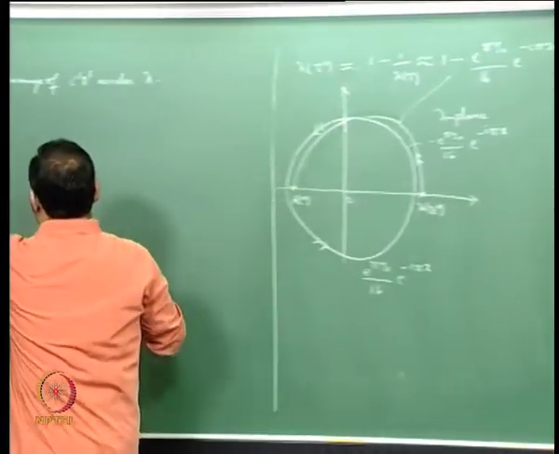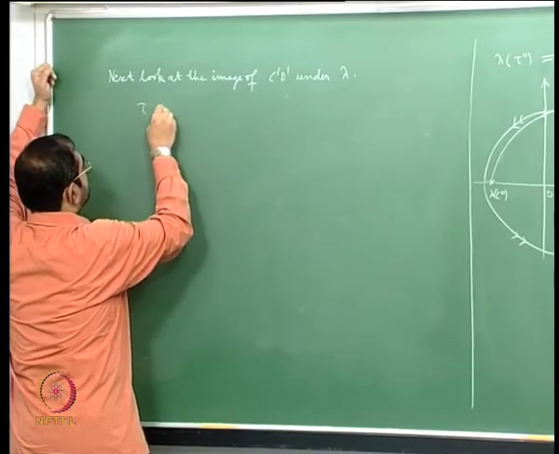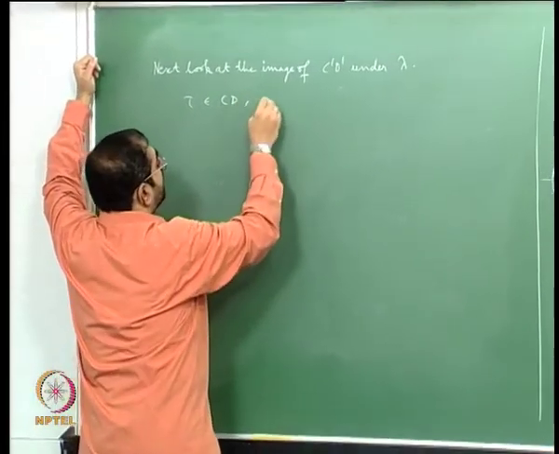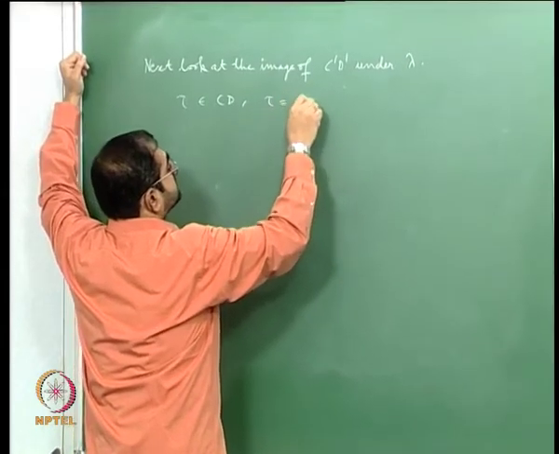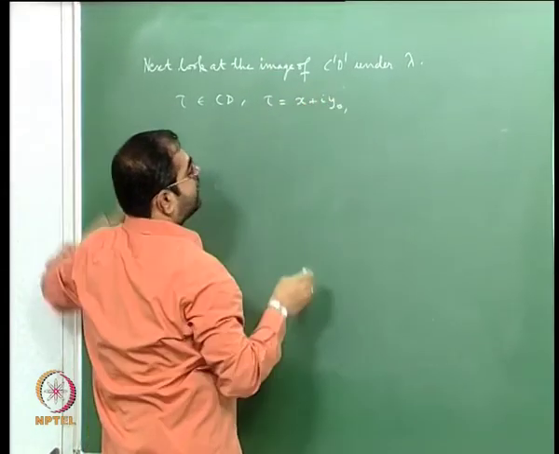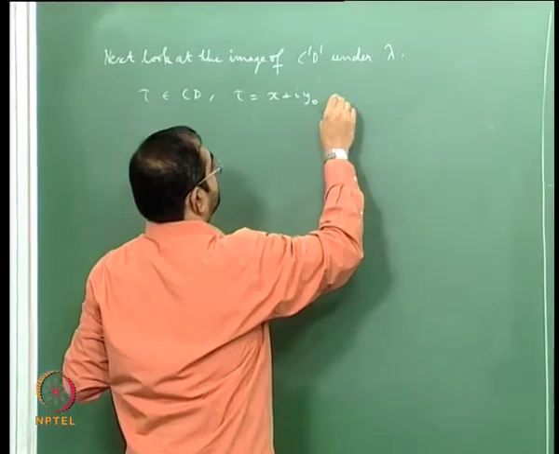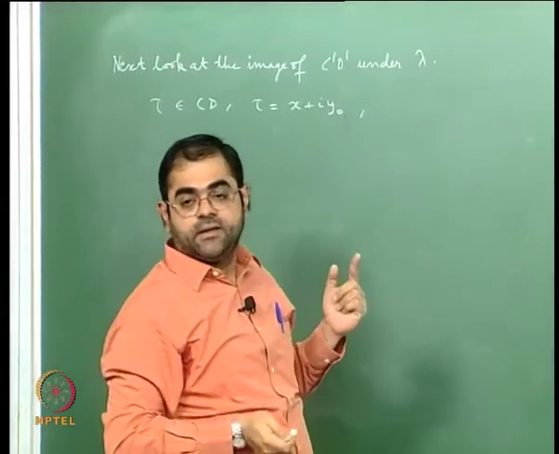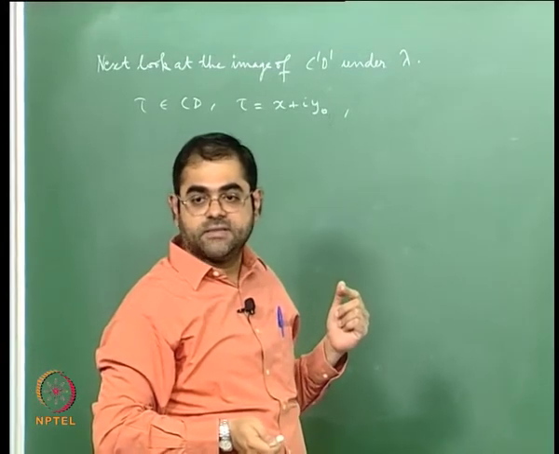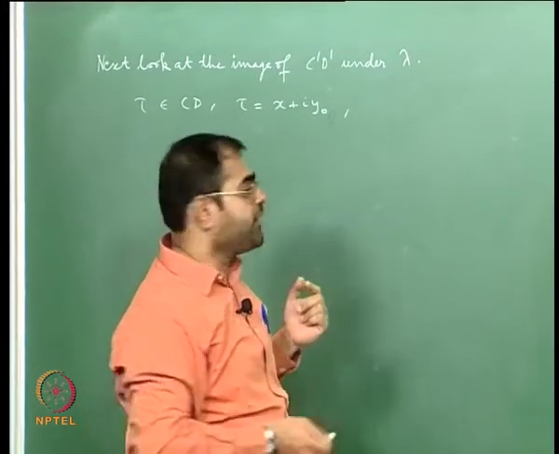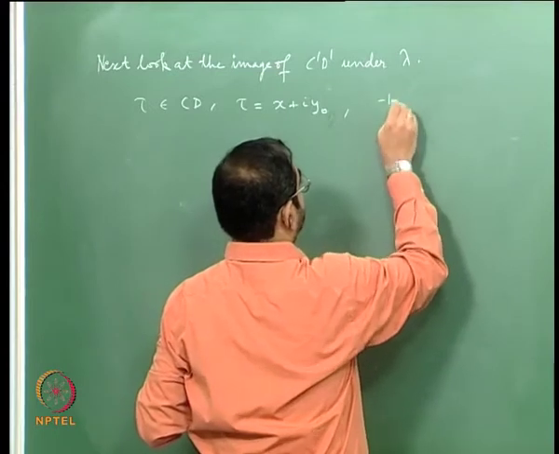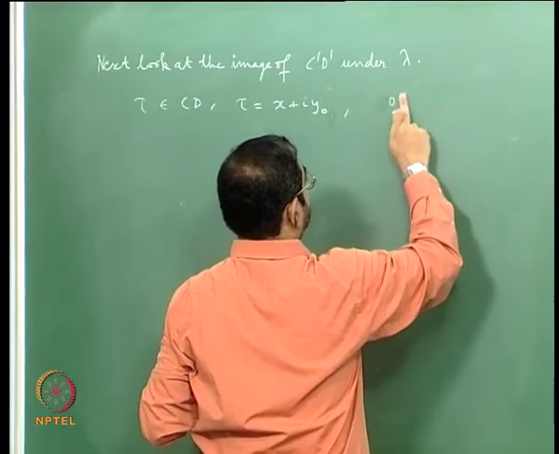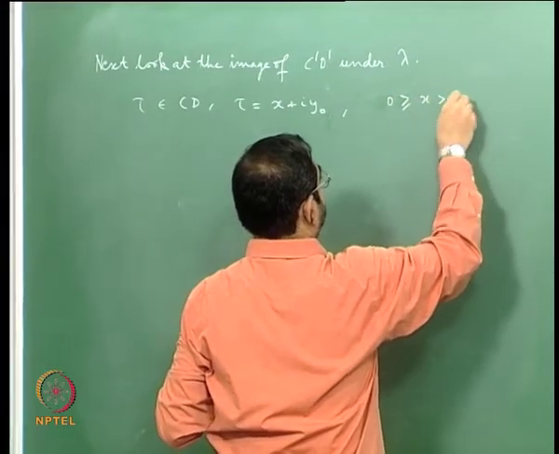So tau is in the line segment CD, and tau is of the form x plus i y naught, where x, as you go from C to D, is decreasing from 0 to -1. So 0 is greater than or equal to x, which is greater than or equal to -1.